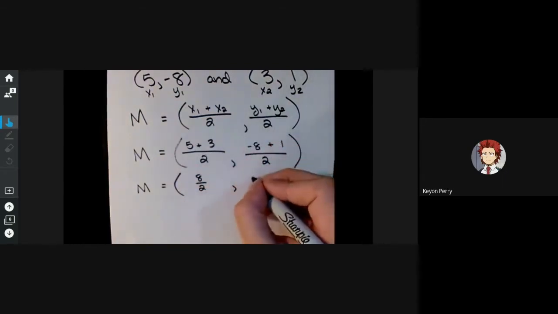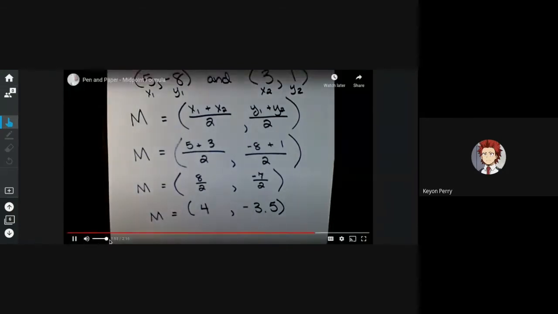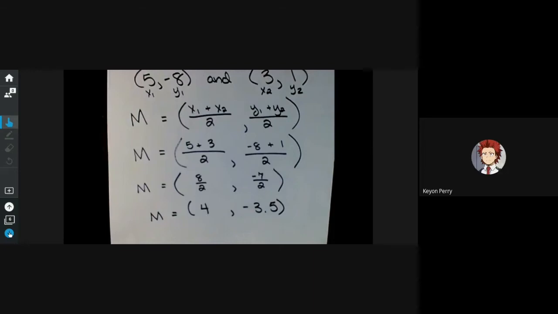Negative 8 plus 1 is negative 7. And simplify. 8 over 2 is 4. Negative 7 over 2 is negative 3.5. You can leave it as a fraction if you want, but with points, decimals are usually easier because it helps you visualize where the point goes better. That's it.